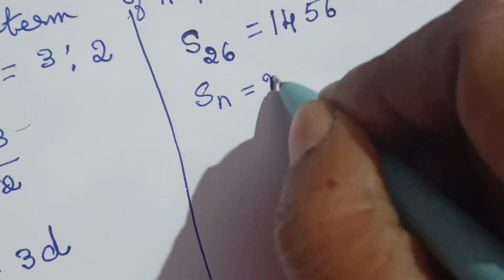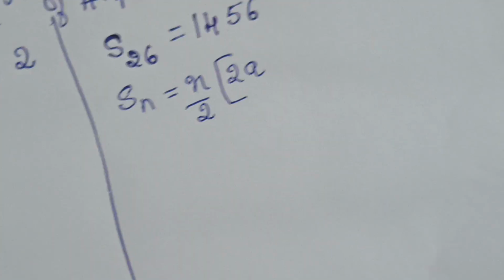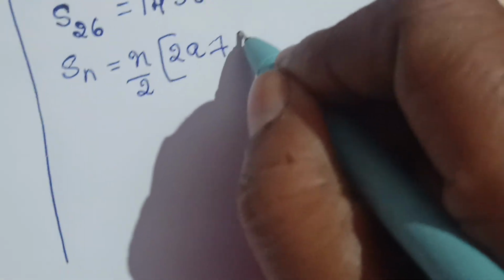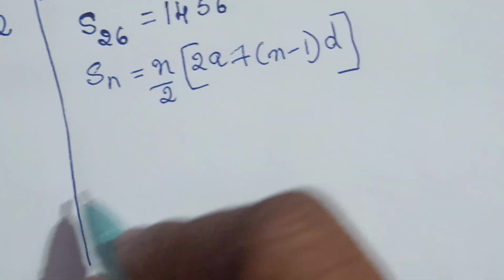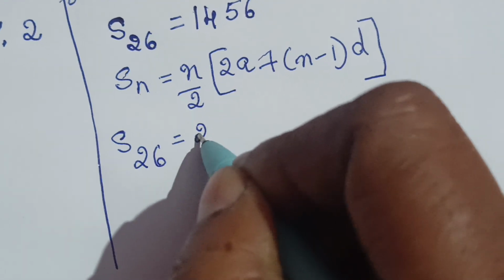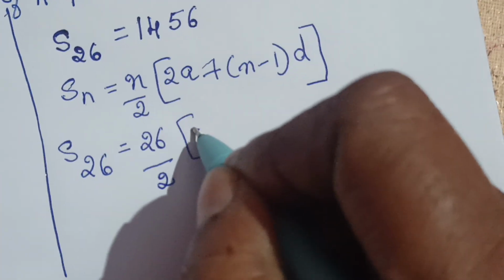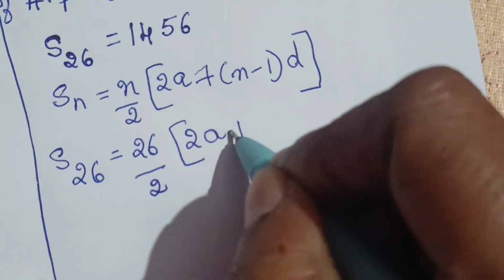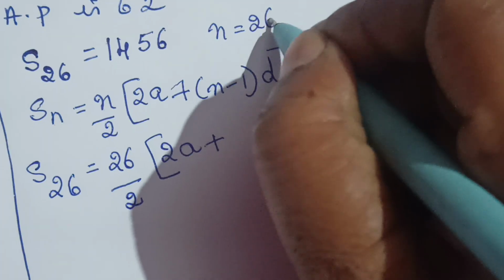Sn is equal to n by 2 into 2a plus (n minus 1) d. So this is the formula. For S26, wherever n is there, you have to put 26, divided by 2, into 2 into a. a is not given, so we put it as a. We know that n is equal to 26.